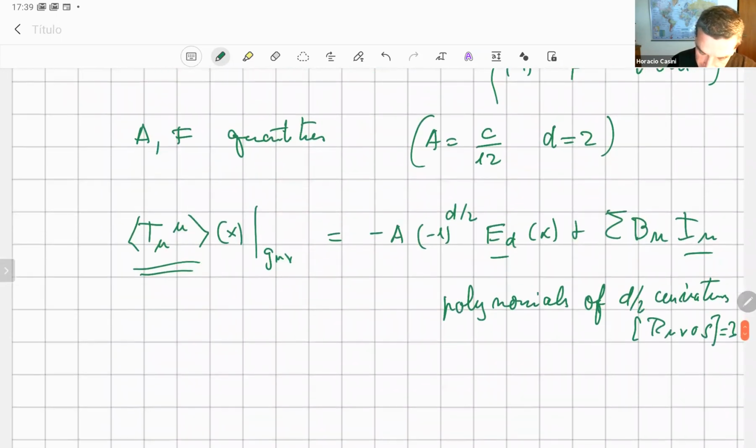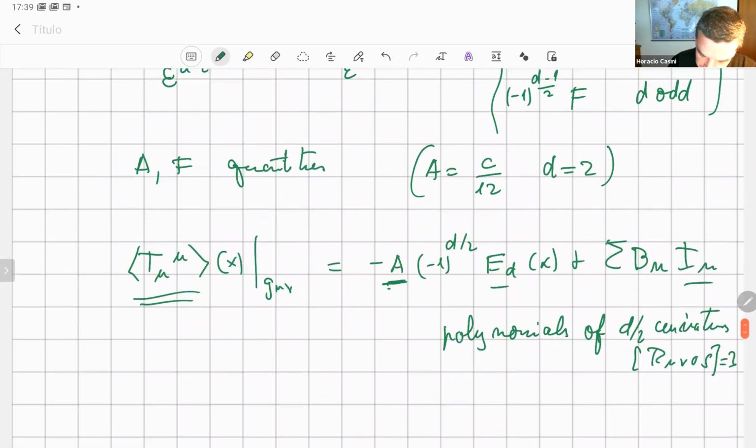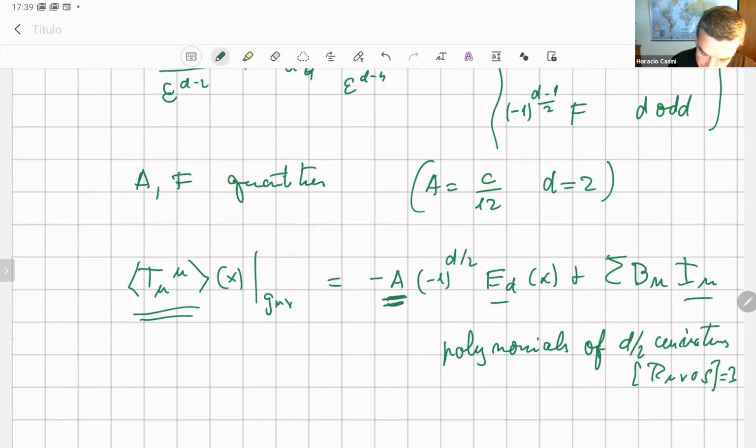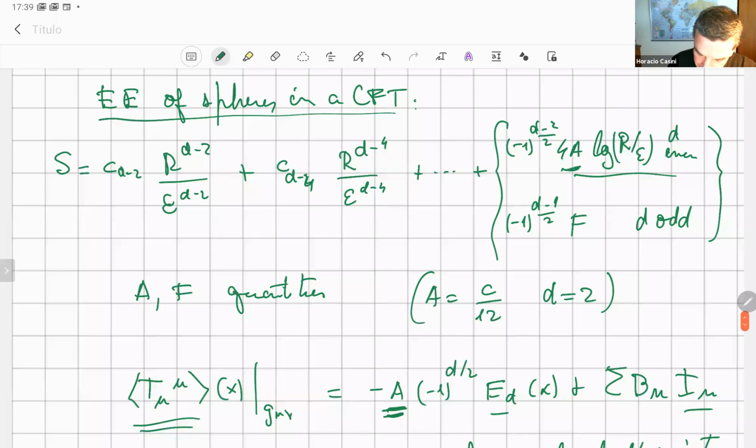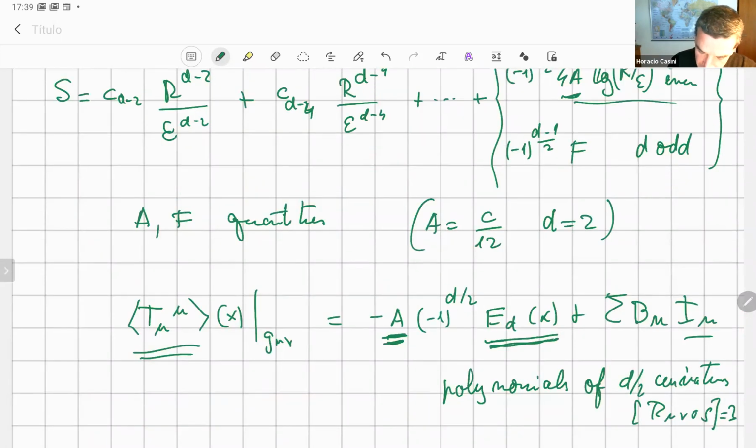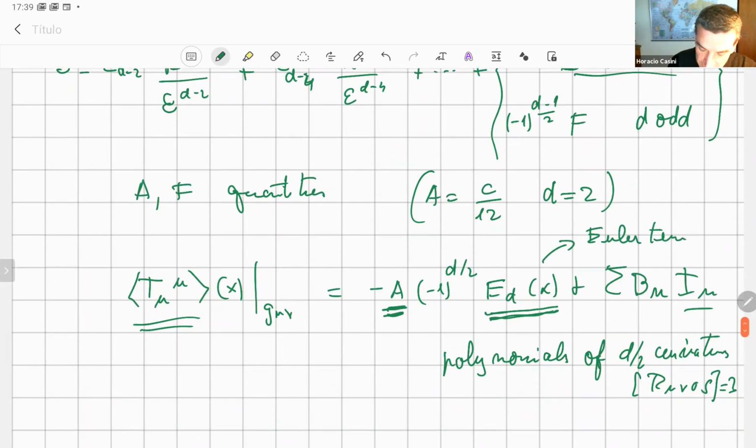And this coefficient is a particular coefficient that is the one that appears here in the sphere. It's a coefficient that multiplies some particular combination of curvatures that is called the Euler anomaly, the Euler term, which integrated over the manifold gives the Euler characteristic of the manifold. It's a topological number.